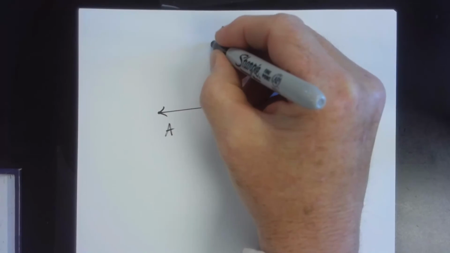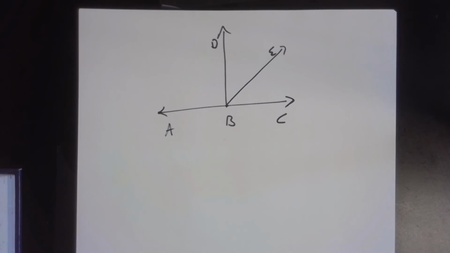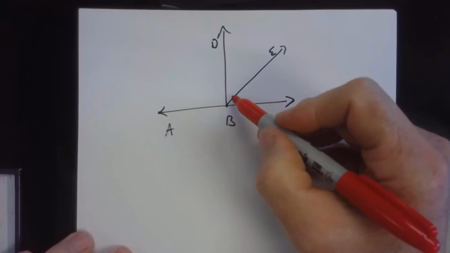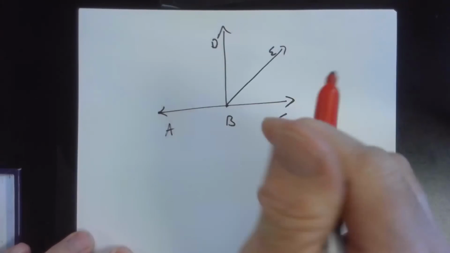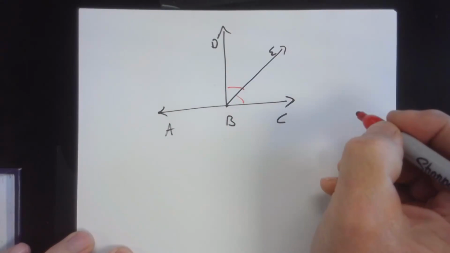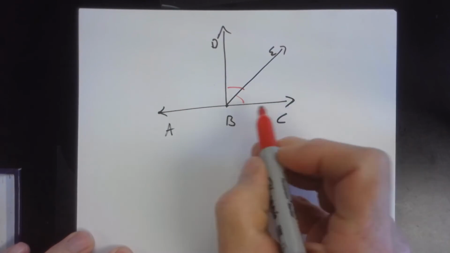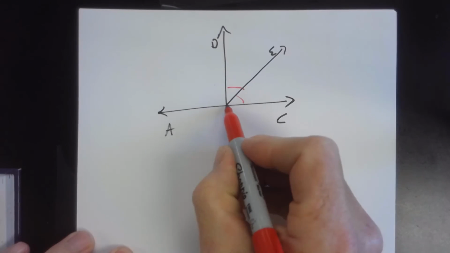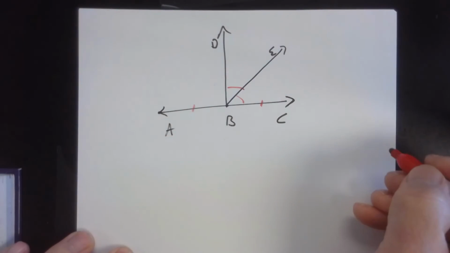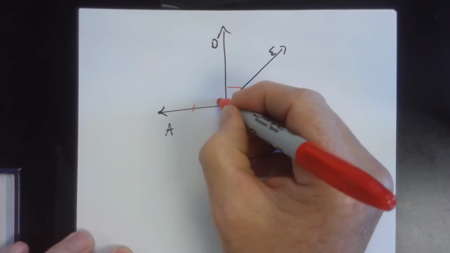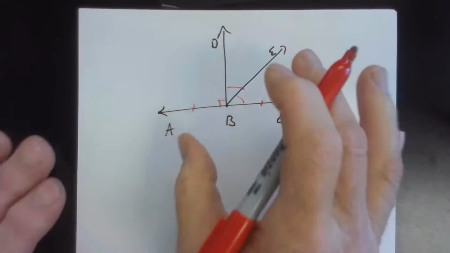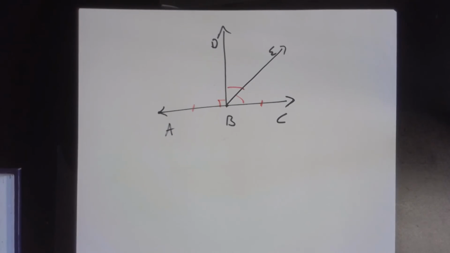But then in the instructions, it'll say ray BE is an angle bisector. So that means when you draw that on your paper, you want to go ahead and mark those congruent, right? Or it might say point B is a midpoint of AC, so I'm going to mark those congruent. And that angle DBA is a right angle. So it might not be marked in the figure, but it might tell you in the instructions. Okay, so you want to make sure you know what's going on there.